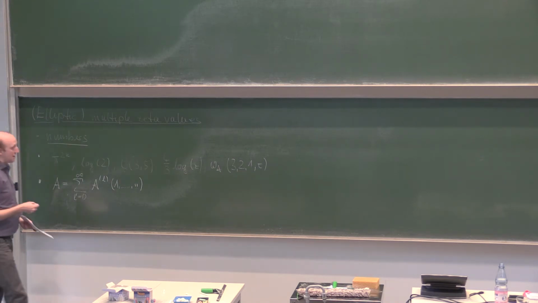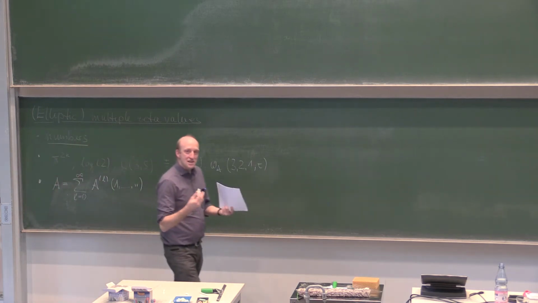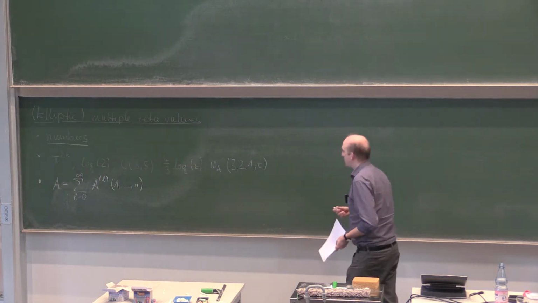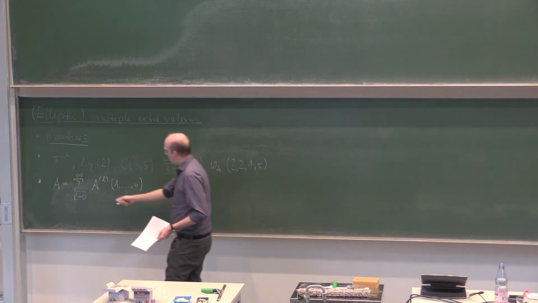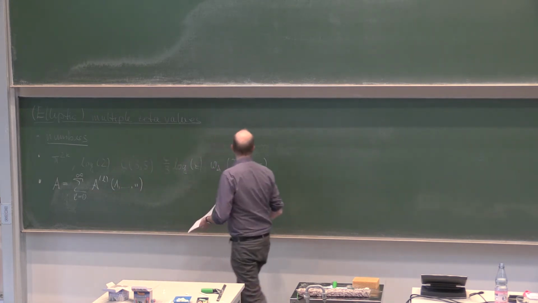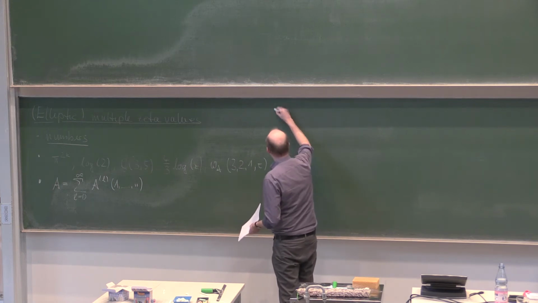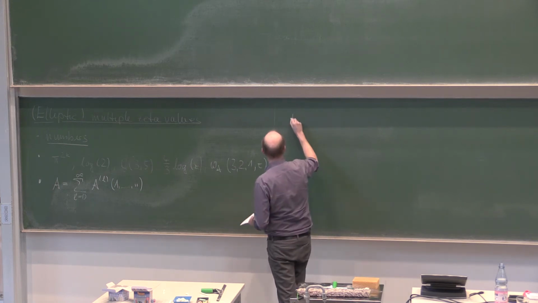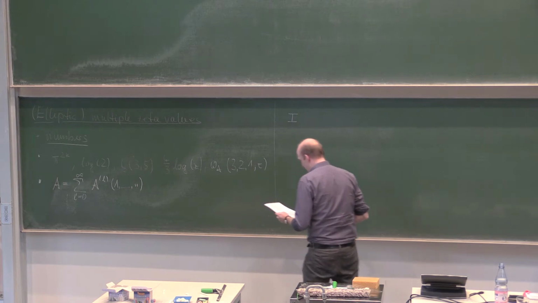What happens after all is that you usually end up introducing Feynman parameters and write the individual objects A as a sum of certain integrals. And these integrals will have the following form.